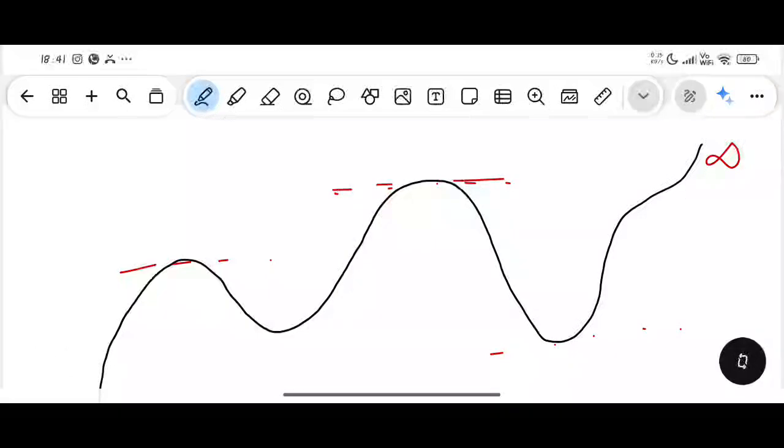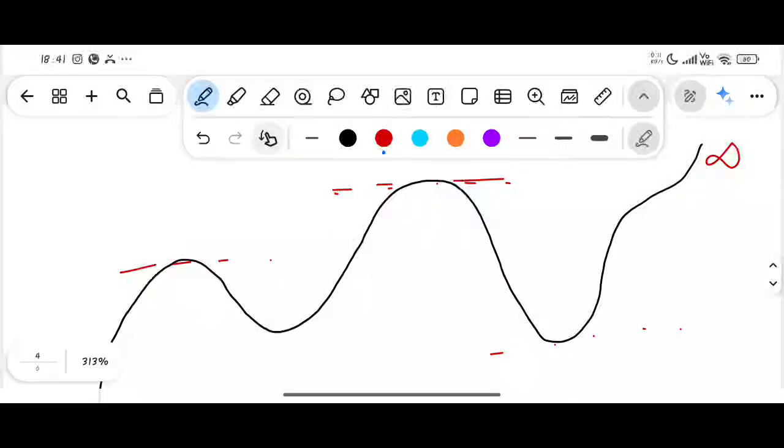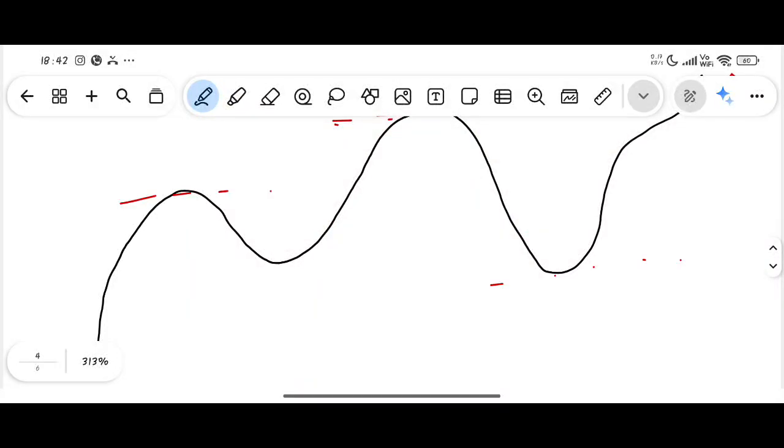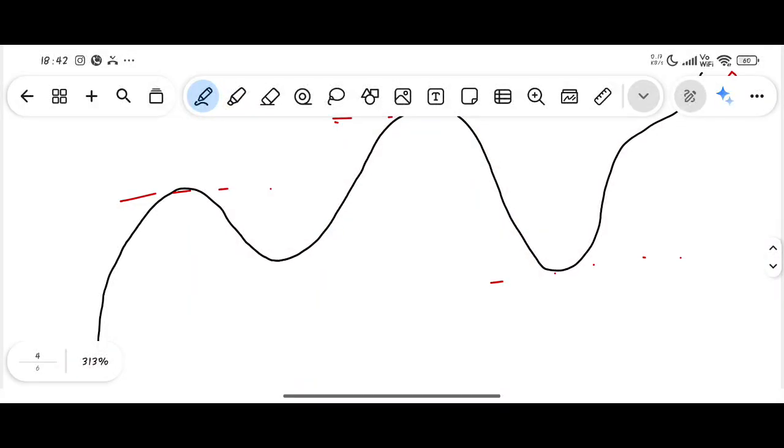Now I am starting from the leftmost point, which is this point. Look carefully, there are 4 points. You can see that this point is above, I mean, it forms a trough.